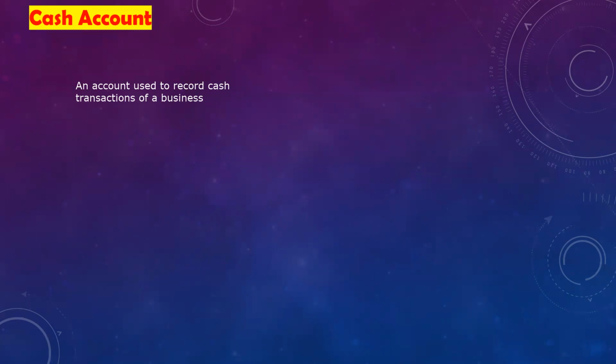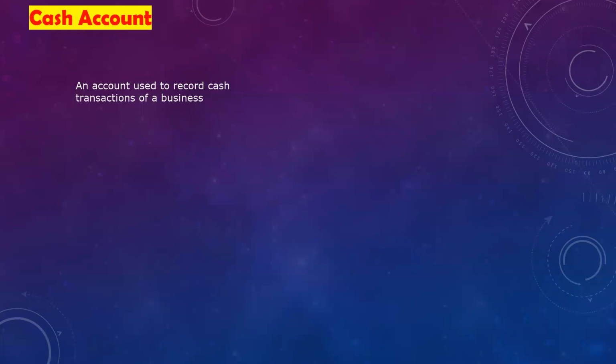Say an account is used to record the purchase, we call purchase account. An account used to record the sales, we call sales account. You understand? An account used to record the rent, we call rent account. Likewise, an account used to record cash transactions is called cash account.